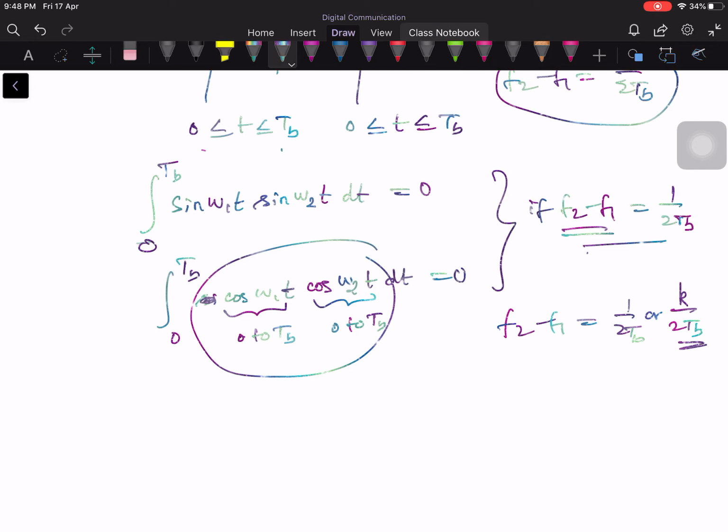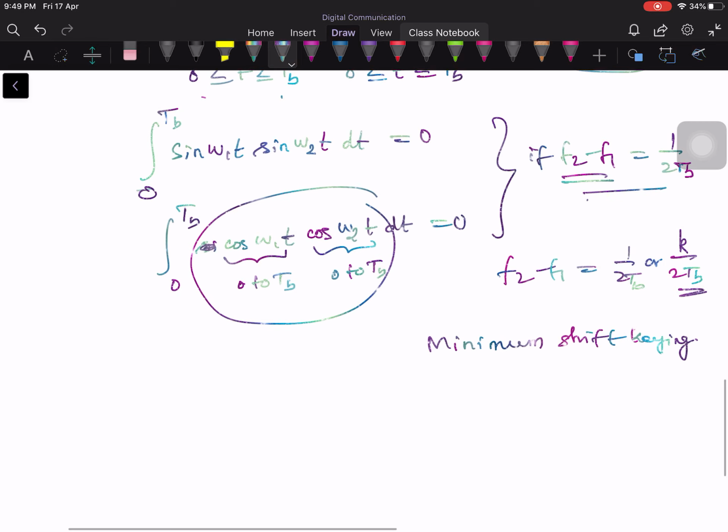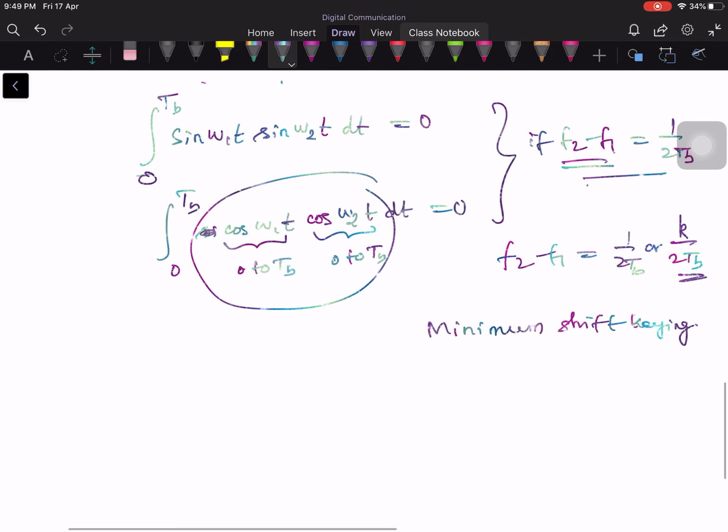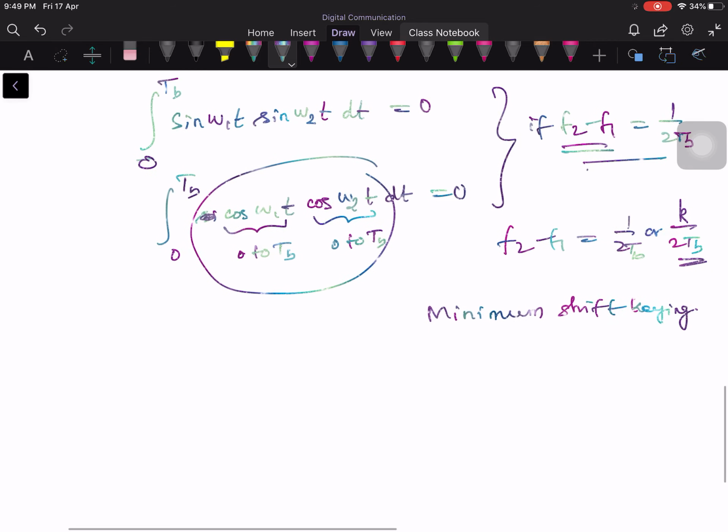So this is the minimum possible separation that we needed. That is the reason we call this minimum shift keying. So the name comes from this reason: the generation of an orthogonal pair of waveforms with a minimum frequency shift between the two.